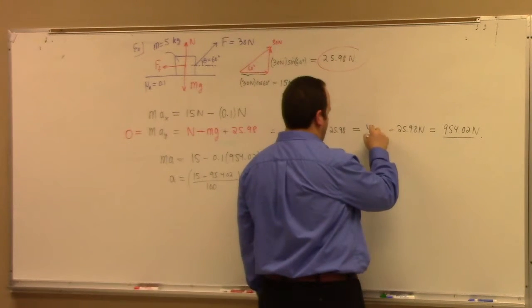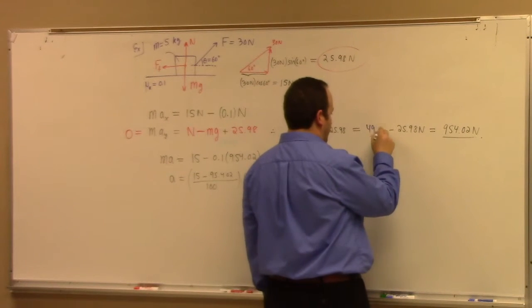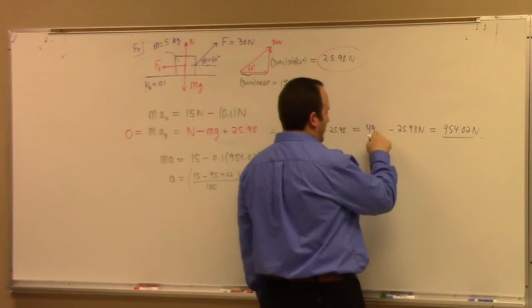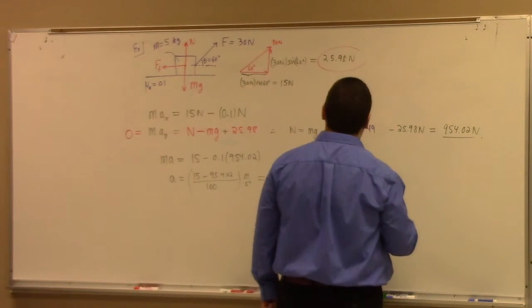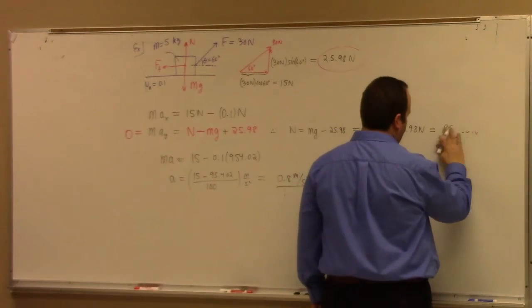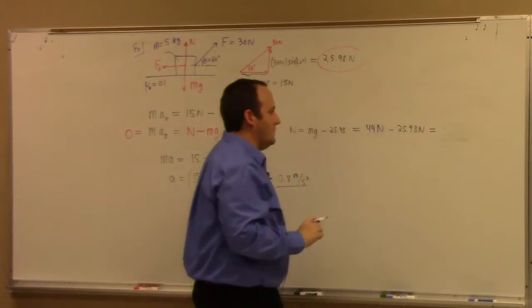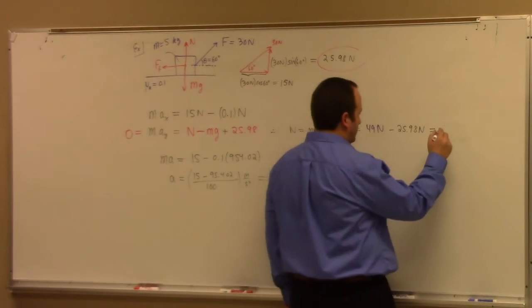Yay! 49 point something. I'll use an S. I'm saying it's 49. All right, so is that right? Wait a minute, 5. Yeah, 49 newtons. Sorry. And then what's the difference here? 23.